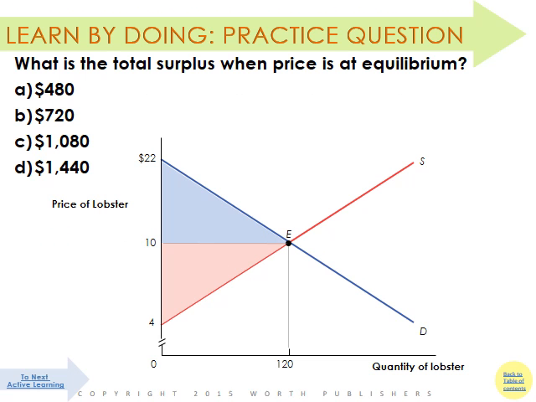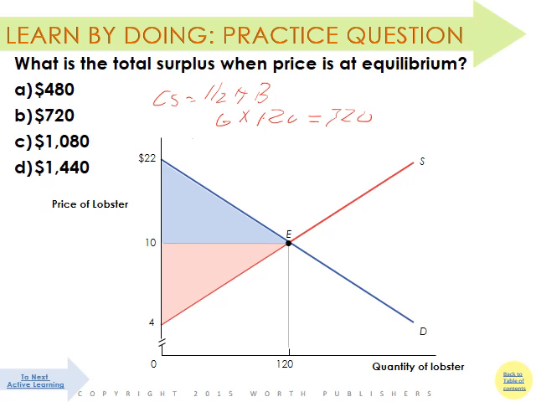So if you practice your algebra here, you can see that consumer surplus is 1/2 the height times the base, which is 1/2 of 12, or 6, times the base of 120, which gives you 720.